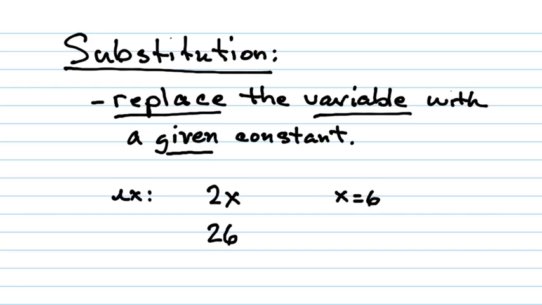Because there's 2x, if you replace the x with 6, does that make it 26? Absolutely not. Because 2x literally means 2 times x, right? So when you're substituting, you have to keep the values true. Whatever operation, whatever rules your original problem was asking you to do, it still needs to say that.